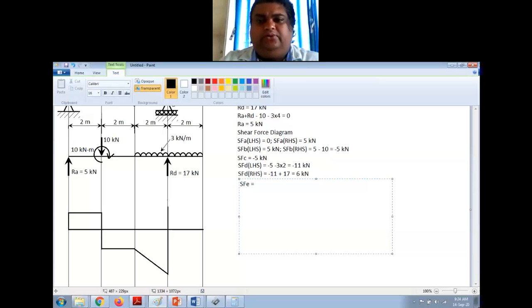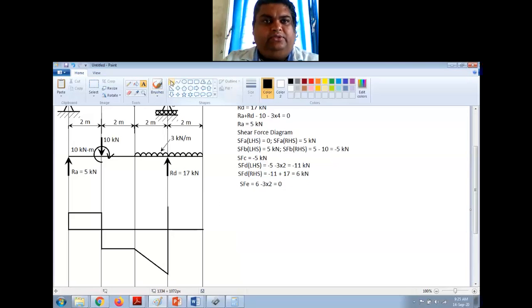So that is equal to, take this value 6 minus the intensity of the force, UDL is 3, and the length is 2. 3 into 2 is 6, so this will become 0. So I have to just join this point to this point, right?